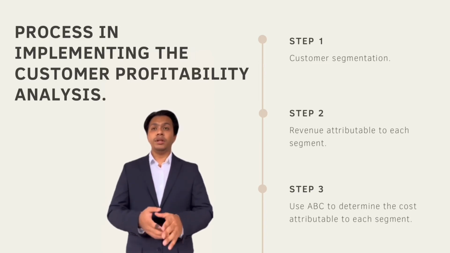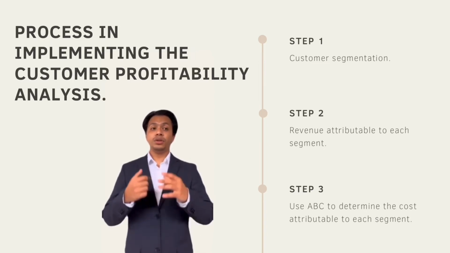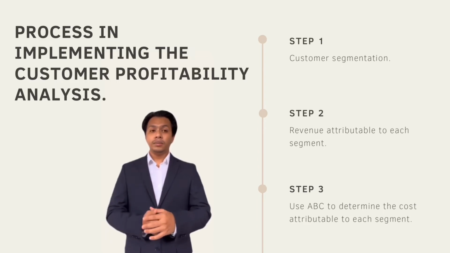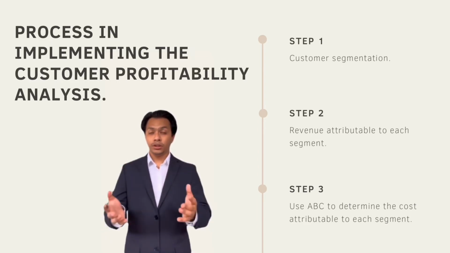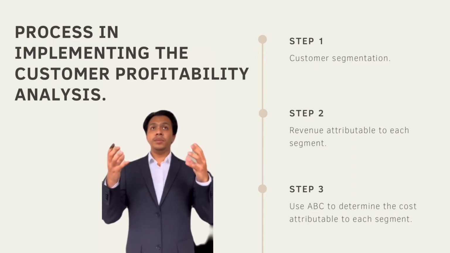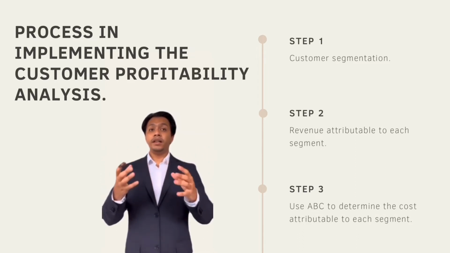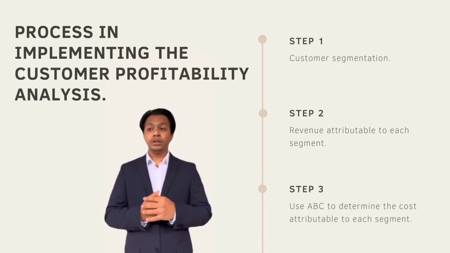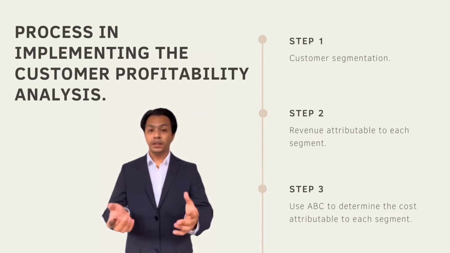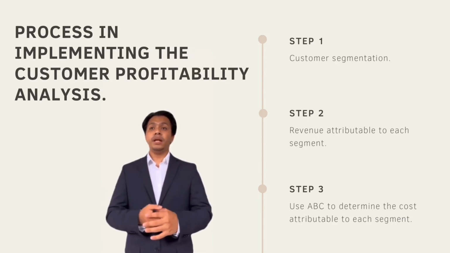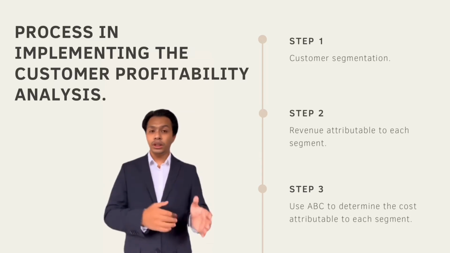This will include the product and services cost and also the customer cost, for example, costs such as overhead, marketing costs, and distribution costs. By using the ABC approach, the company can identify hidden costs such as quality control costs and inspection costs. These costs, once recognized, can be allocated and attributed to the customers.